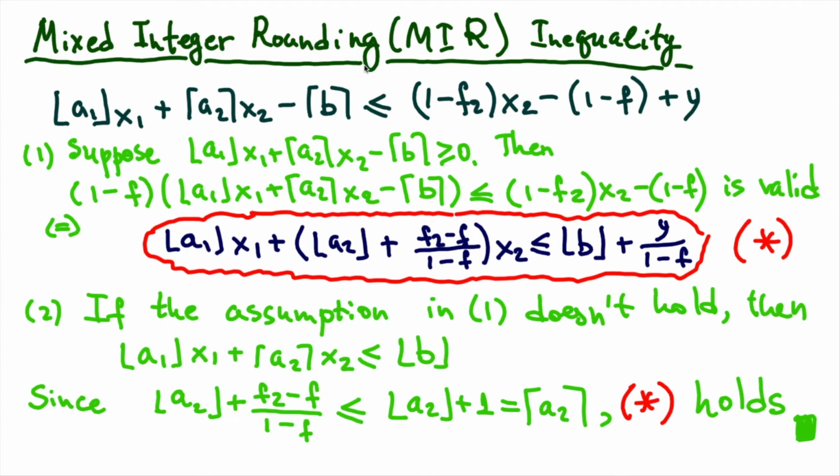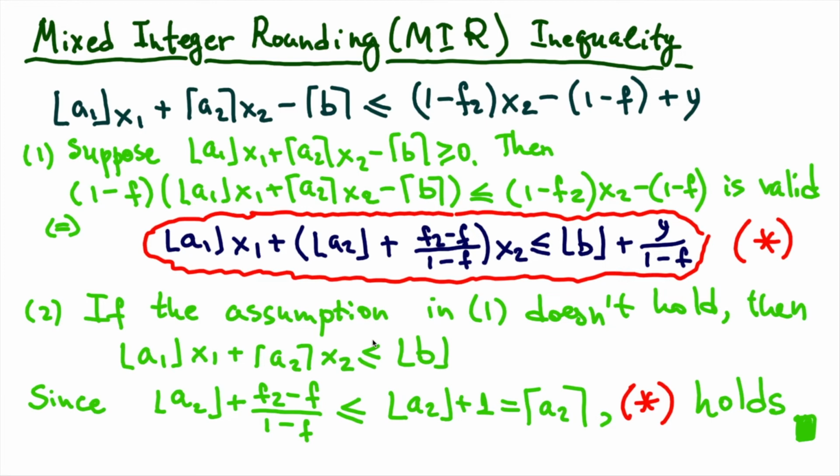If we look at the left-hand side of the inequality in the case when it is less than 0, then this means that the floor of A1 times x1 plus the ceiling of A2 times x2 is strictly less than the ceiling of B. And because this sum is integer, it must be less than or equal to the floor of B. And if it is less than or equal to the floor of B, then obviously if we replace the ceiling of A2 with something smaller, because x2 is positive, the resulting inequality will also hold.